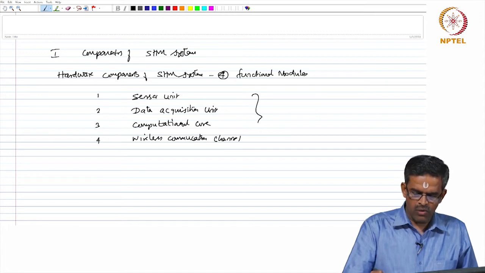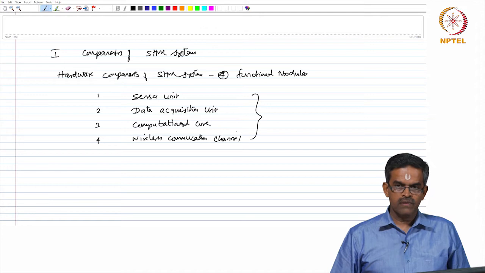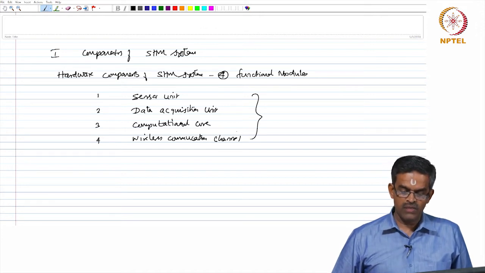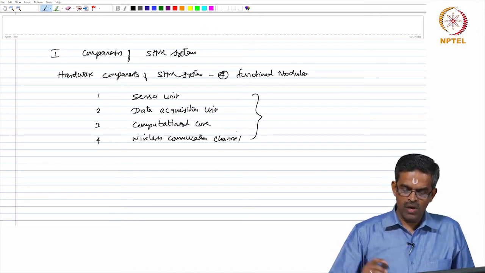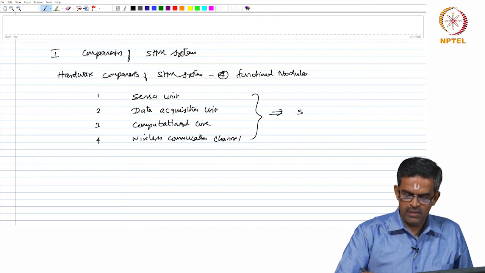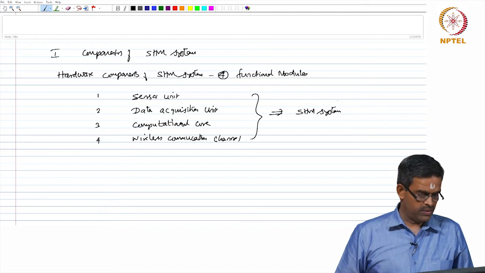So, there are 4 modules which we are going to design. We are going to see the characteristics of the design of these 4 modules, which will now emerge into a SHM system that can be applied to offshore platforms. Okay.